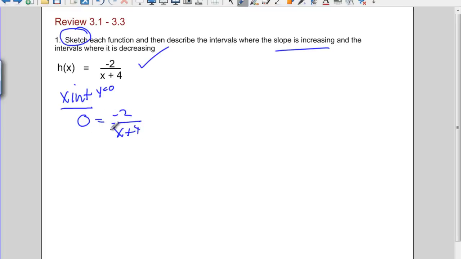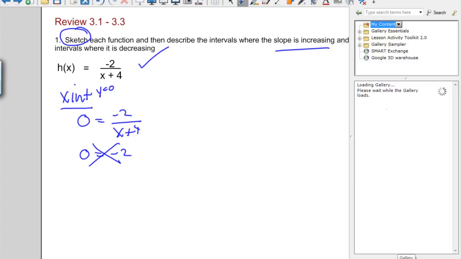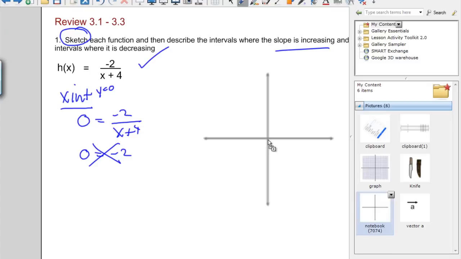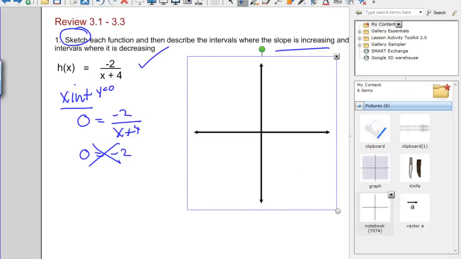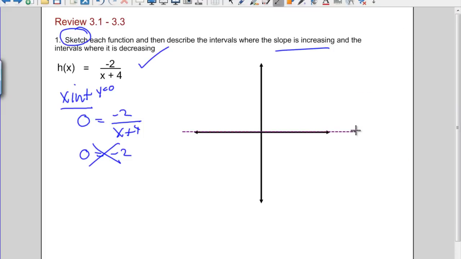When we attempt to solve this, we simplify to get 0 is equal to negative 2, which is not a true statement. So that tells us that there are not any x-intercepts, and we can place our horizontal asymptote located at y equals 0, and we label it y equals 0.